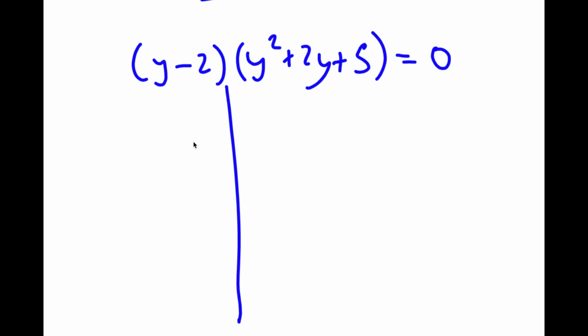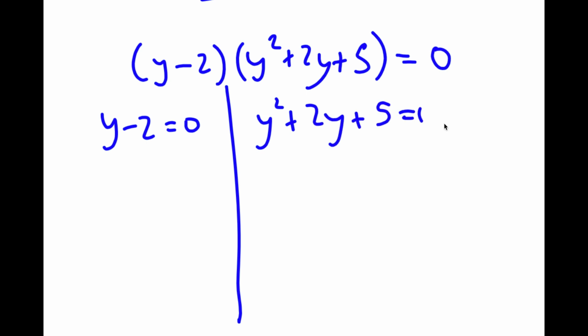So now this gives me two equations. I have y minus 2 is equal to 0, and I have y squared plus 2y plus 5 is equal to 0. So first off, for y minus 2 equals 0, I obviously get y equals 2.